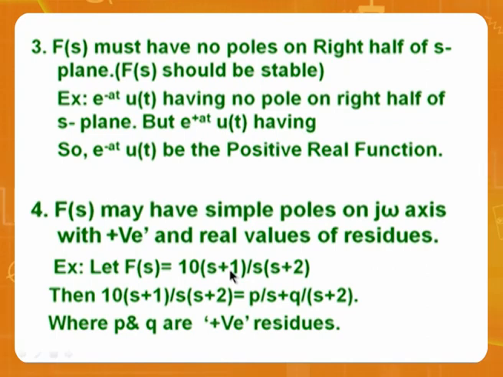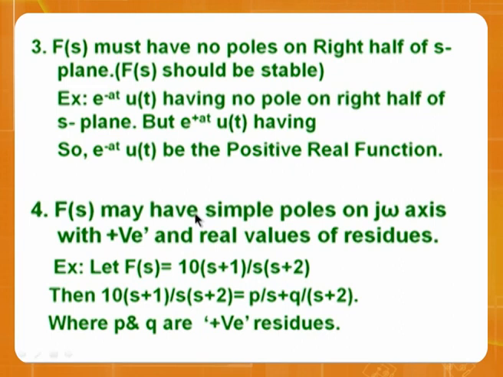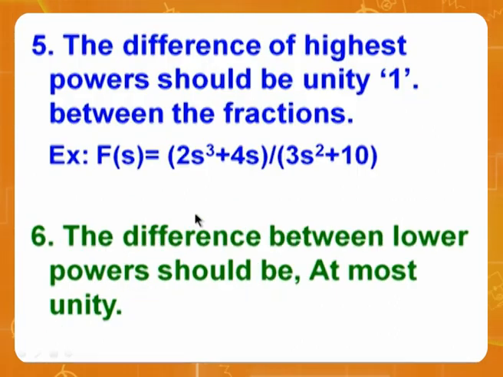If s plus 1 is equal to 0, what is s? s equal to minus 1. That should be on the negative side. When the function is positive, the roots are on the left side. If the roots are on the left side, you can comfortably say that it's stable.